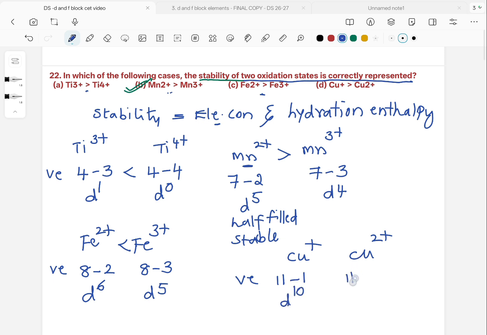And here 11 minus 2, it is d9 configuration. Despite d10 configuration, Cu+ is unstable and Cu2+ is stable due to its high negative hydration enthalpy in aqueous medium. As Cu2+ has high negative hydration enthalpy, it will be more stable compared to Cu+. It is given the other way here, therefore that is the wrong option. For our question, B will be the answer.